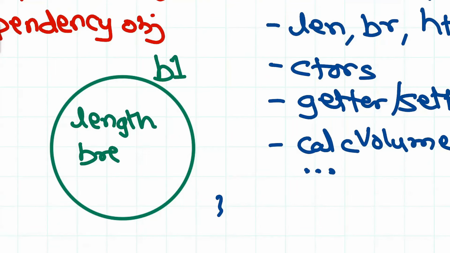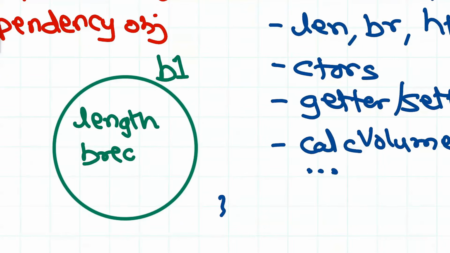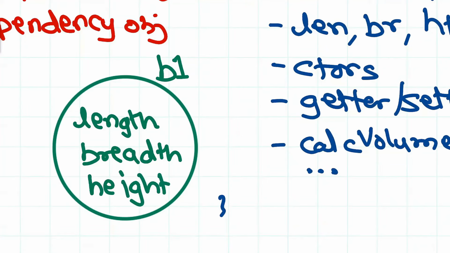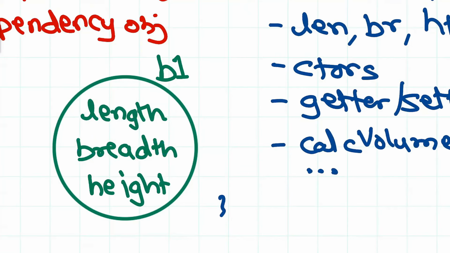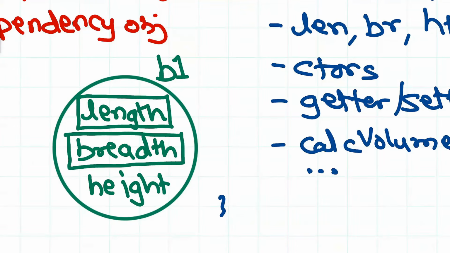So I say that box has length, box has breadth, box has height. Though not accurate, you can consider that length is a dependency, breadth is a dependency, height is a dependency, and your B1 box is dependent on these.